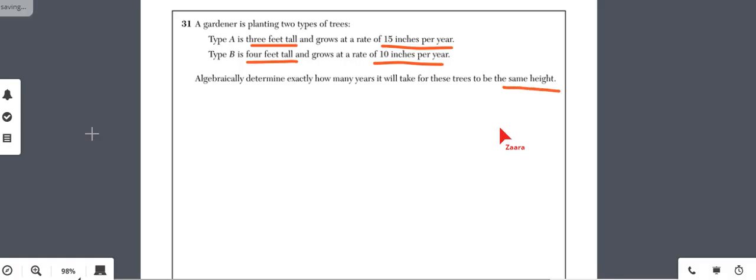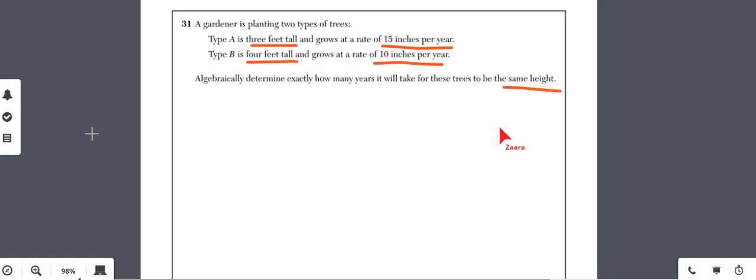So how can we do that? First, we will make the height function, or height equation, for type A and for type B, and then we will equate them and find the value of the number of years. That would be our answer. So let's start.